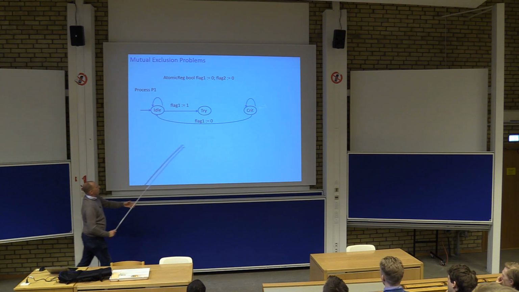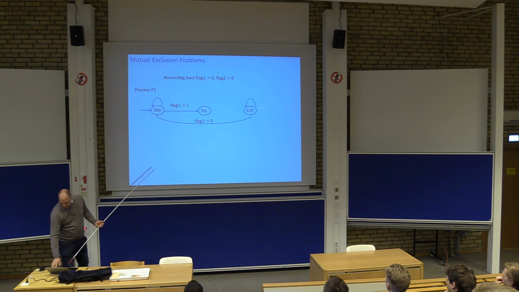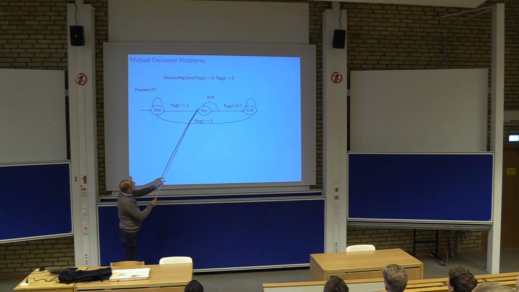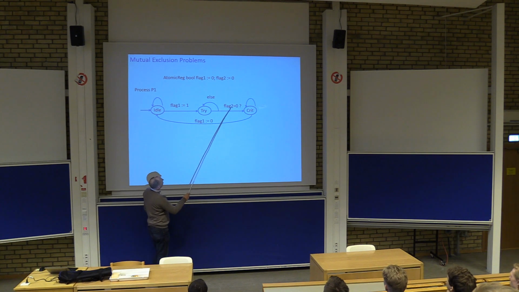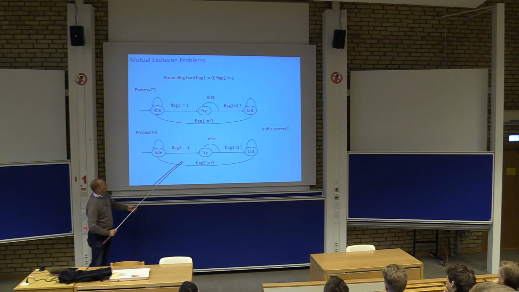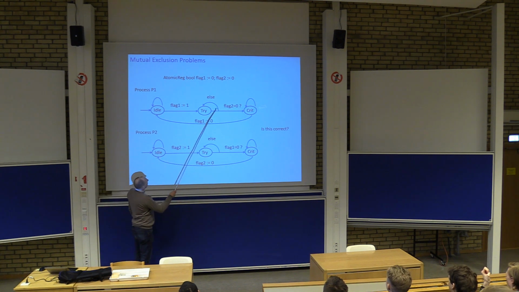And then when we leave the critical section, we set it to 0. And then in this try state, we check here if flag 2 is equal to 0, which is now set by the other task. So if it's not 0, it will go back here and you will try again.